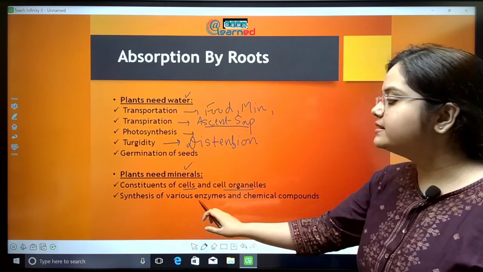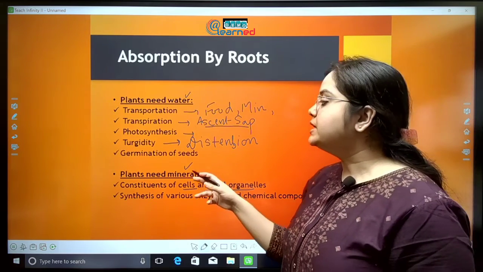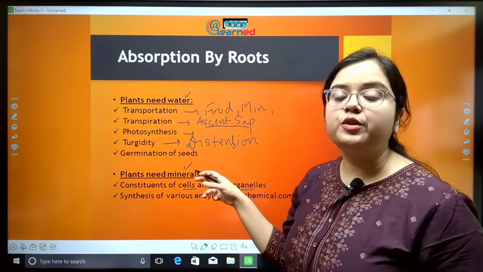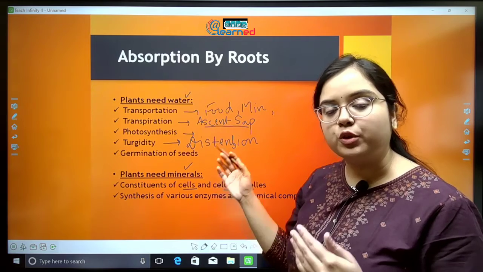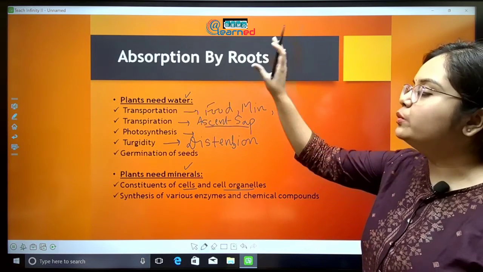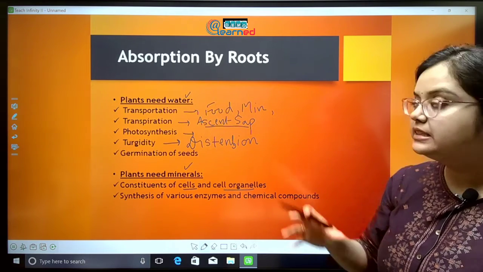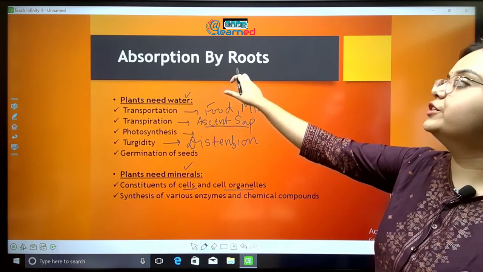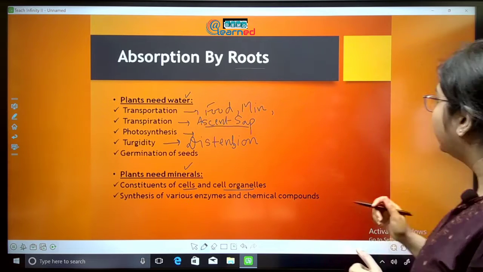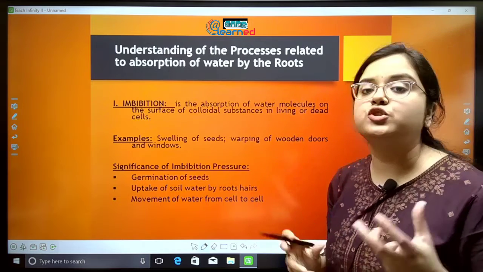And lastly, the synthesis of various enzymes and chemical compounds requires the presence of minerals. So that is why we need water, we need minerals, and how are the plants getting this water and minerals? By the roots. Now we are going to be studying elaborately about this absorption process.